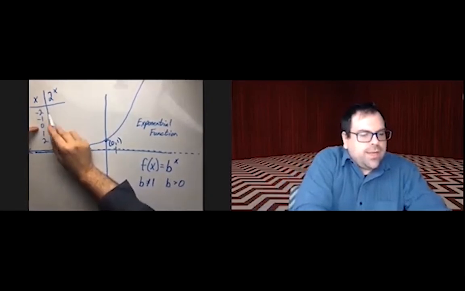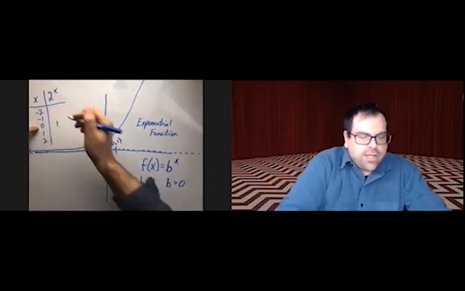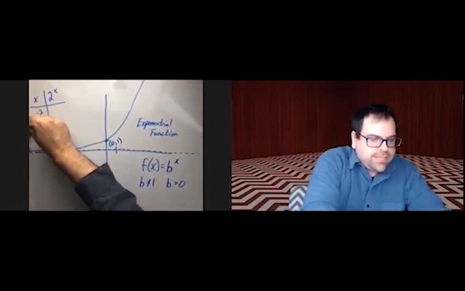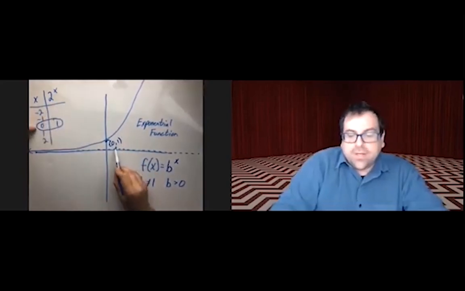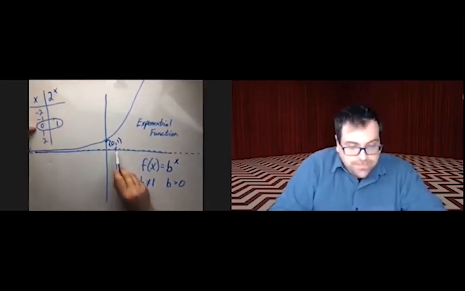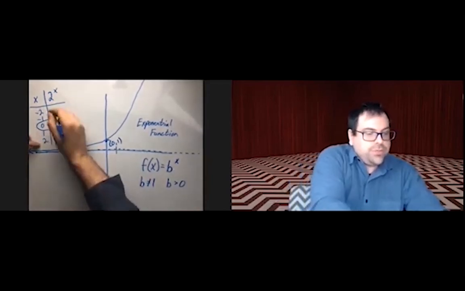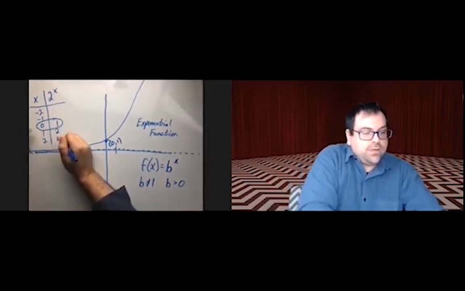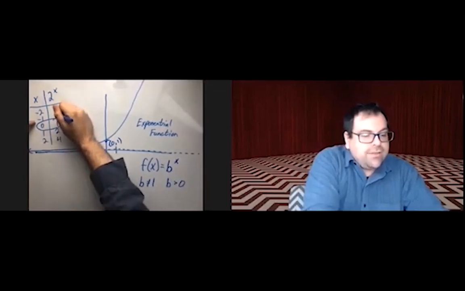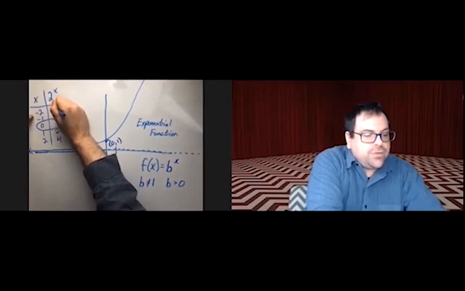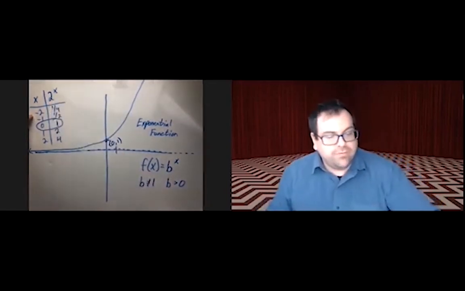Let's start with 0. Anything to the 0 power is 1. That's where we get our point 0, 1 that's always in the exponential function. 2 to the first is 2. 2 to the second is 4. 2 to the -1 is 1/2. 2 to the -2 is 1/4.